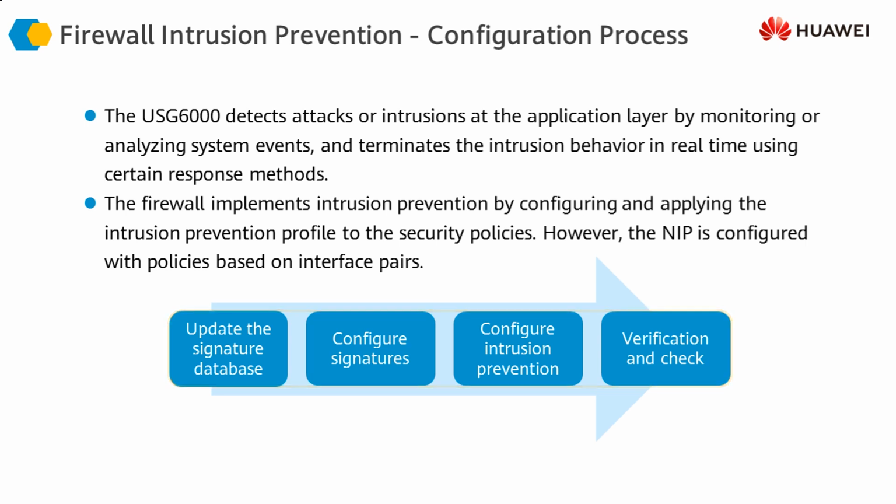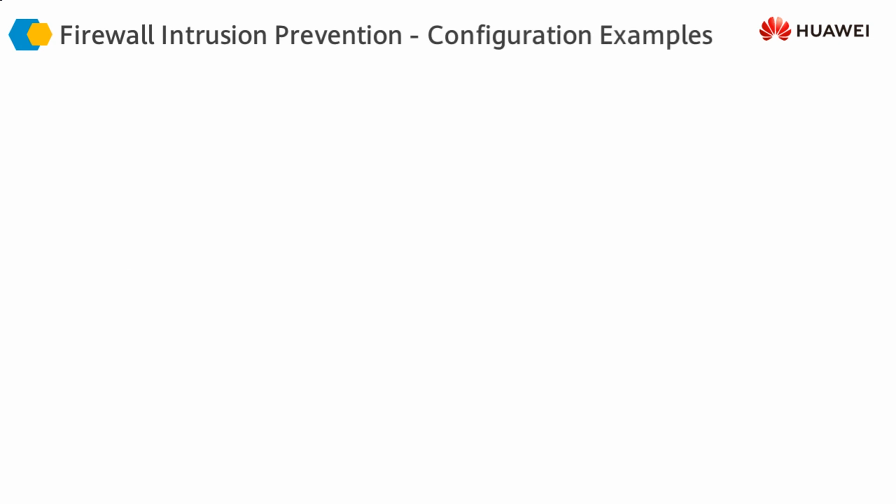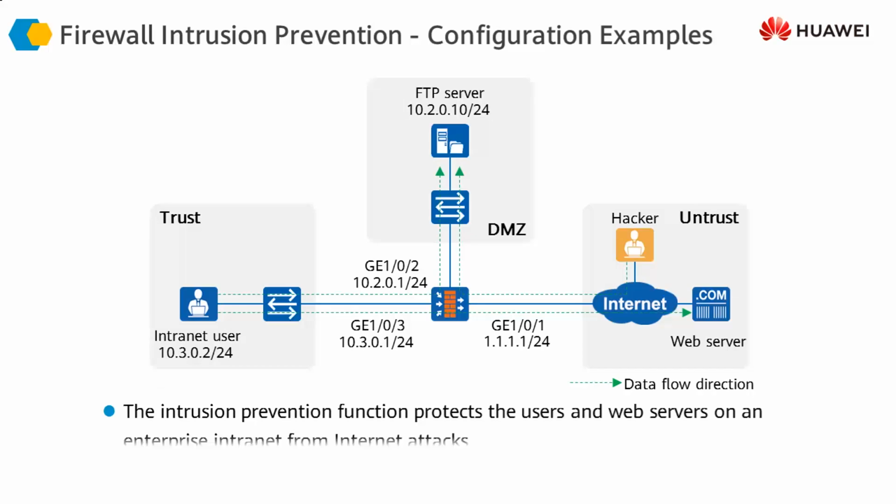The important thing is that the intrusion prevention that we configure here is linked to the security policies that we configure on the firewall. Through that security policy, we link the IPS profiles. Because the security policy is already configured on the firewall, it only has to reference an IPS profile, and all the IPS functionality will be available to the traffic that matches that security policy.